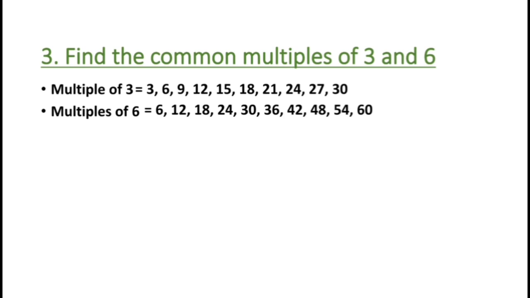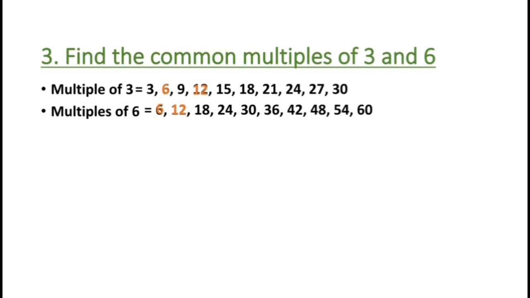Now, which numbers are common in both the multiples of 3 and the multiples of 6? The number 6 is common. We will find 6 in both the multiples. And then which number is common? 12. 12 we have in both. Then which number? 15 is not there in the multiples of 6.